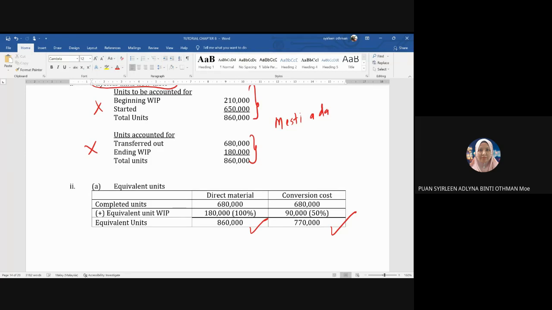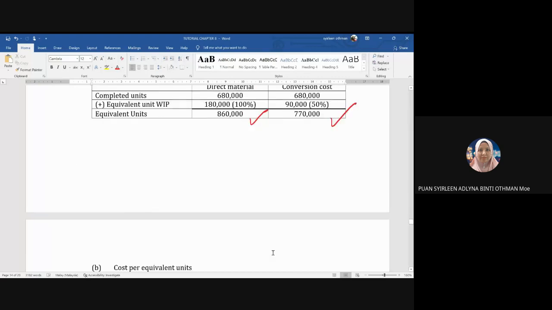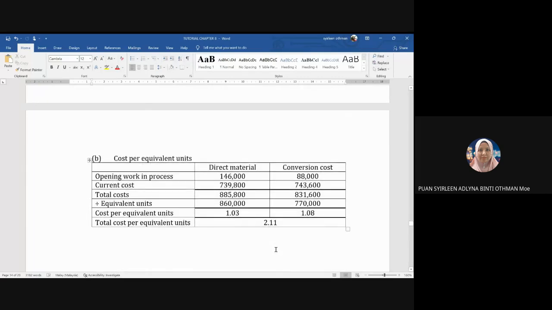Okay. So next we are going to calculate the product cost per unit. Okay. So kita punya baki awal tadi dia bagi 146,000 and 88,000. Yang ni baki awal dia bagi dalam soalan. Current cost is direct material is 739,800.